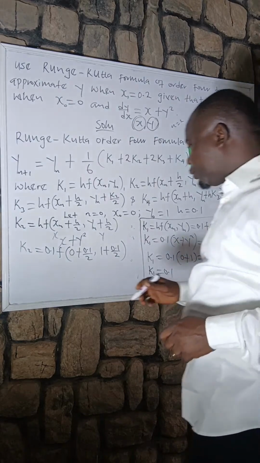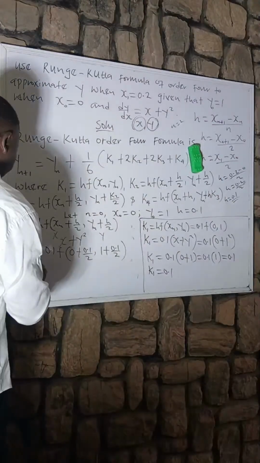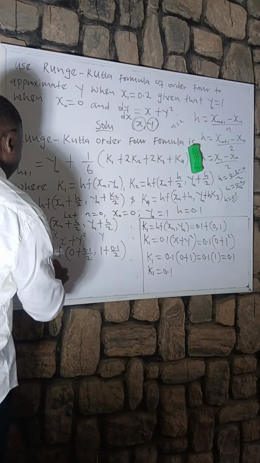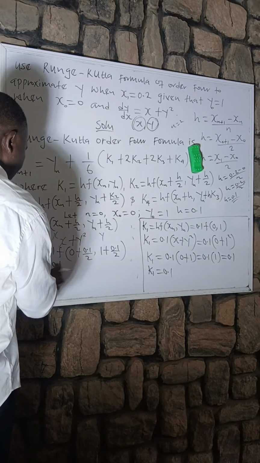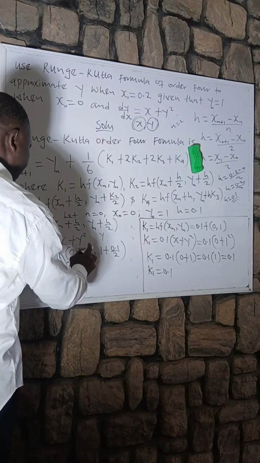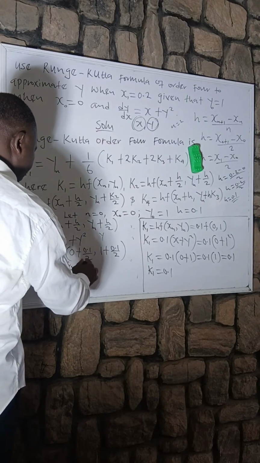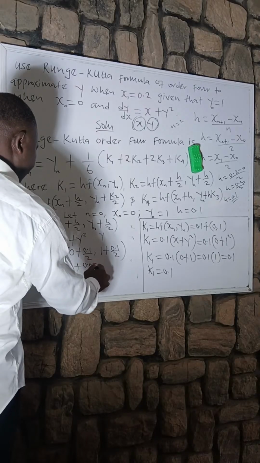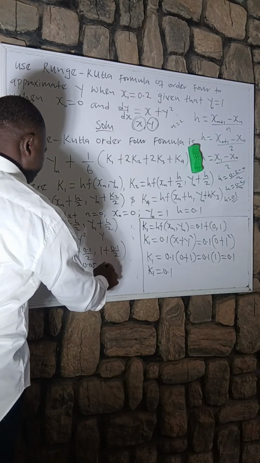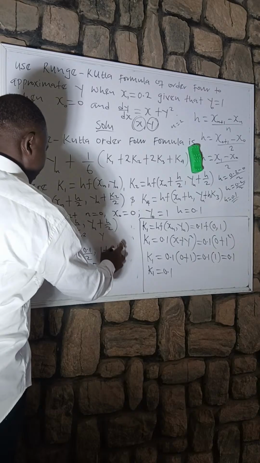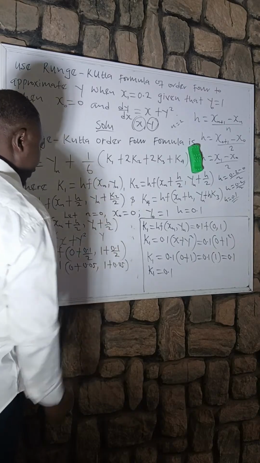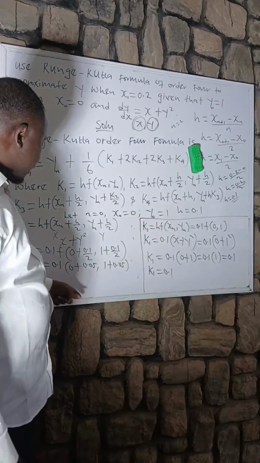So here our K2 is equal to 0.1 times, here 0 plus 0.05, comma, here 1 plus 0.05. True or false? It's true, right?